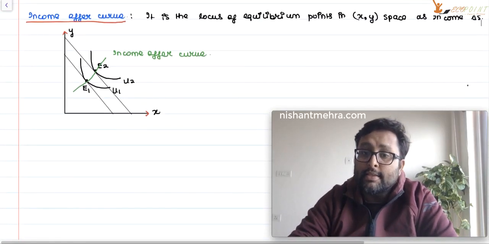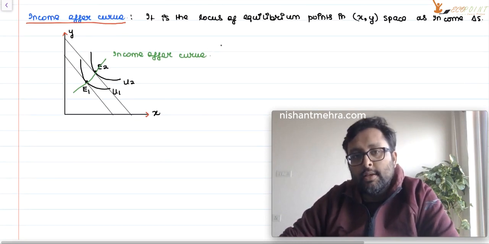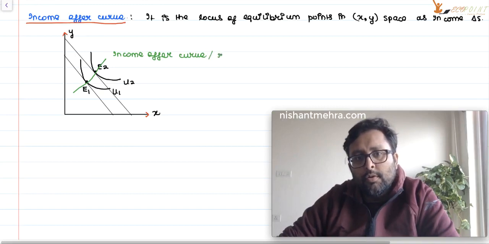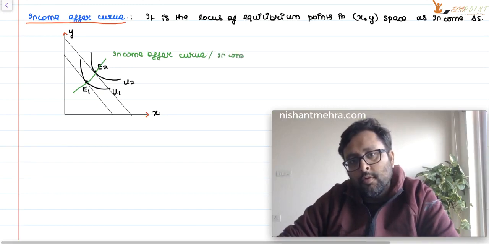So you call this an income offer curve, or an income expansion path, whichever word you want to use.